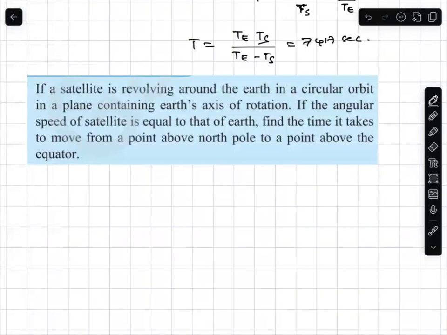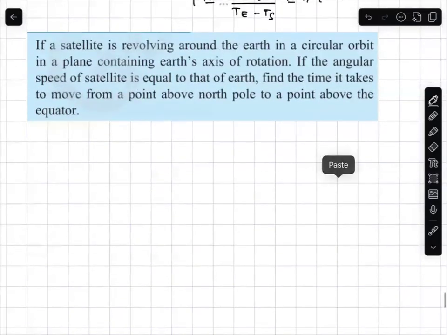That's the question. A satellite is revolving around the Earth in a circular orbit in a plane containing Earth's axis of rotation. Angular speed of the satellite is equal to that of the Earth. Find the time it takes to move from a point above the North Pole to a point above the equator. Have you understood the question? Which means you assume this situation here.